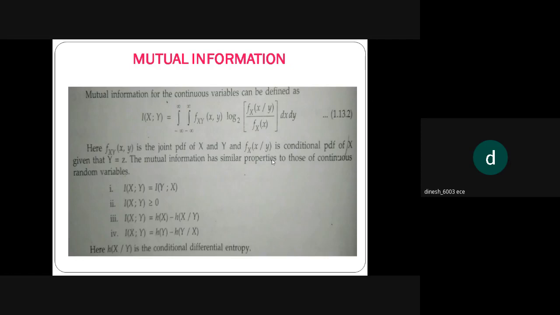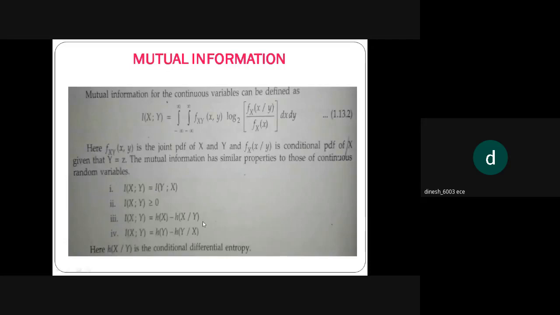If these properties are satisfied, then mutual information can be determined or measured. First, it is symmetric: I(X;Y) equals I(Y;X). Next, I(X;Y) should always be greater than or equal to 0, and I(X;Y) is equal to H(X), where H represents the entropy of X, minus H(X|Y), or in other terms you can write H(Y) minus H(Y|X).